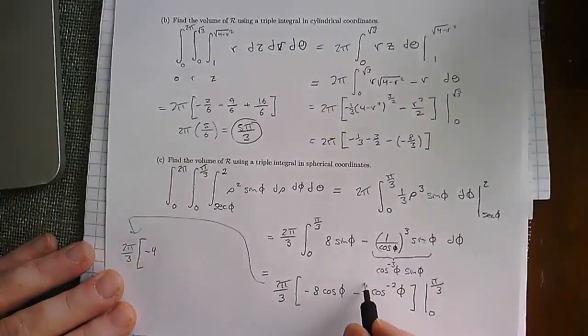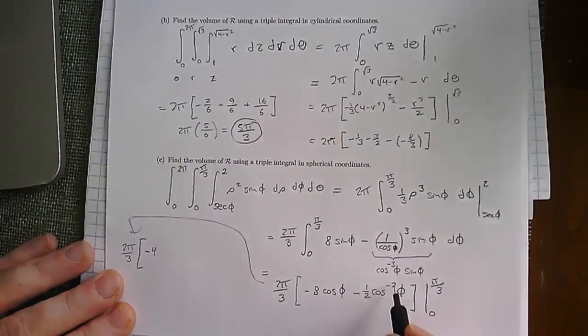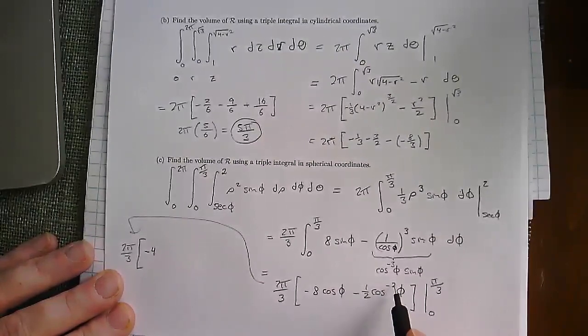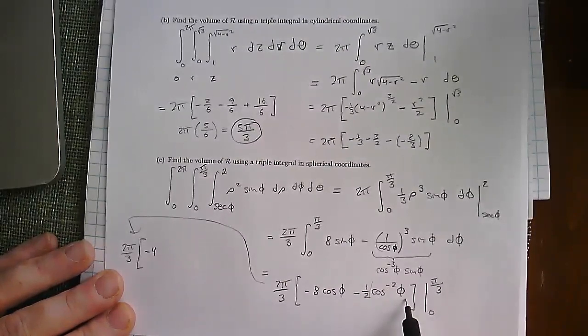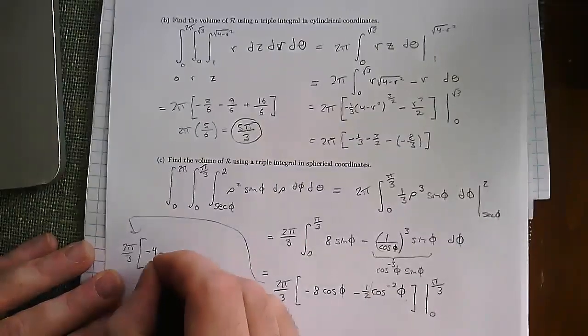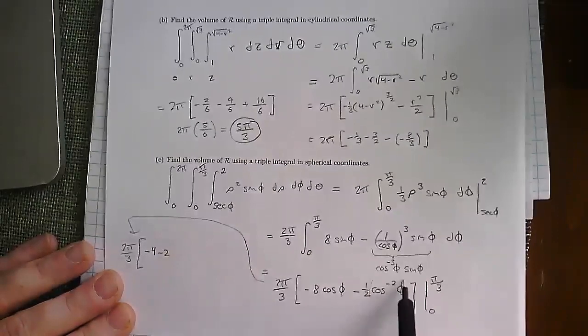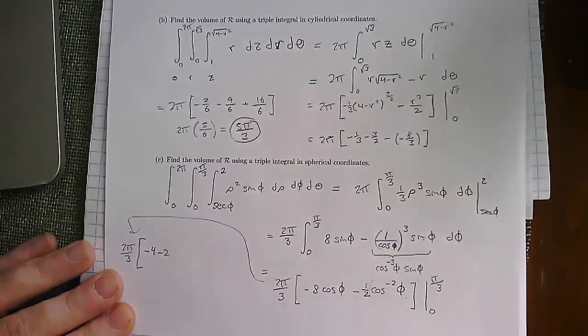And then minus 1/2 cosine to the -2nd phi. Okay, so that would be 1/2 to the -2nd power. So that's the reciprocal of squaring 1/2. And so that should be, I think, 4 times -1/2 is -2. And so that's just our upper endpoint of integration here.